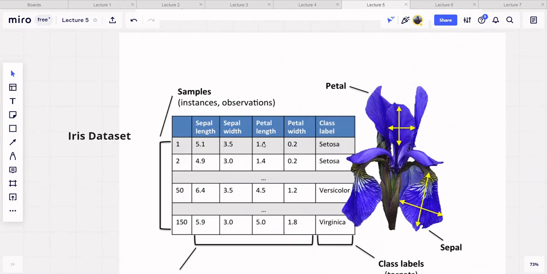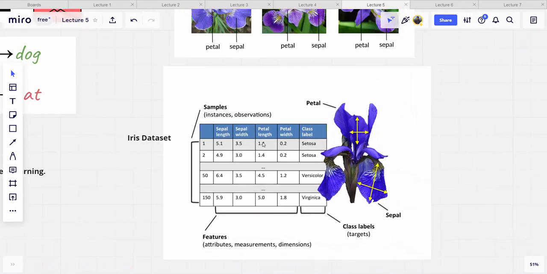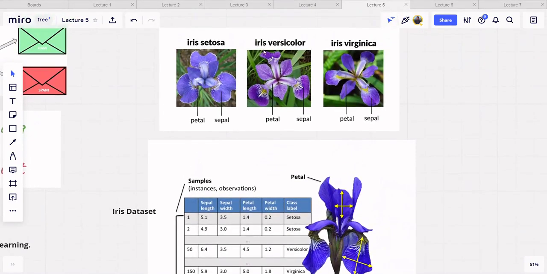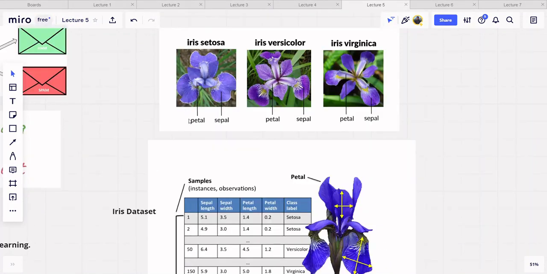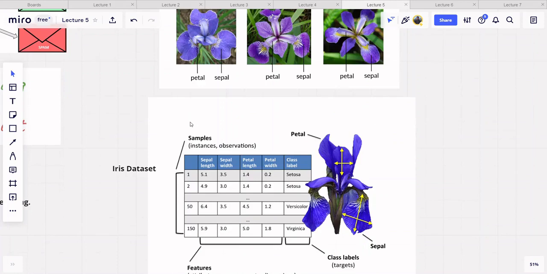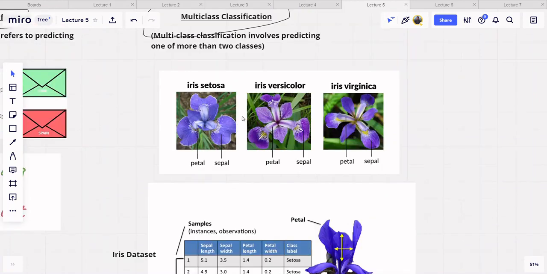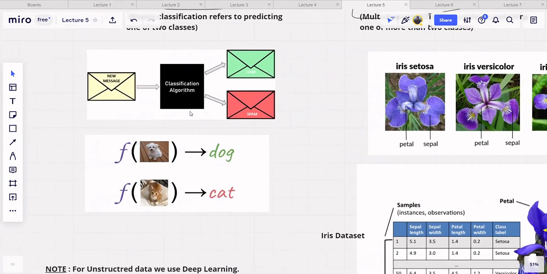Here we have three main classes: iris setosa, iris versicolor, and iris virginica, and we want to predict which particular species this flower is. So here the total number of classes is 3. That's why this is an example of a multi-class classification problem. We are trying to predict more than two classes.